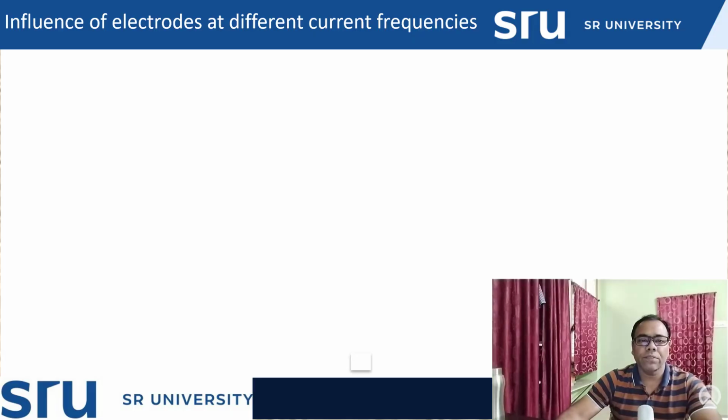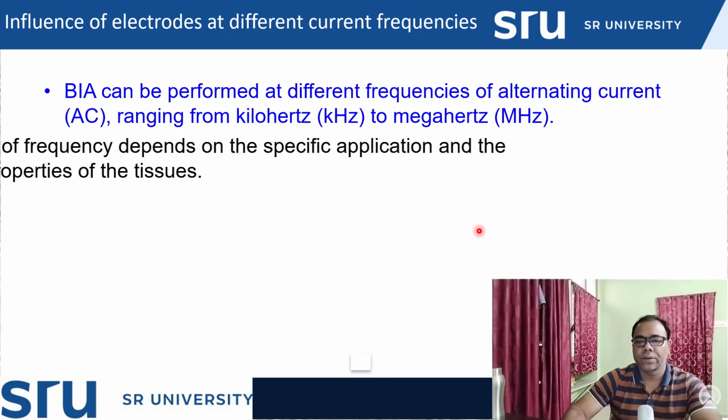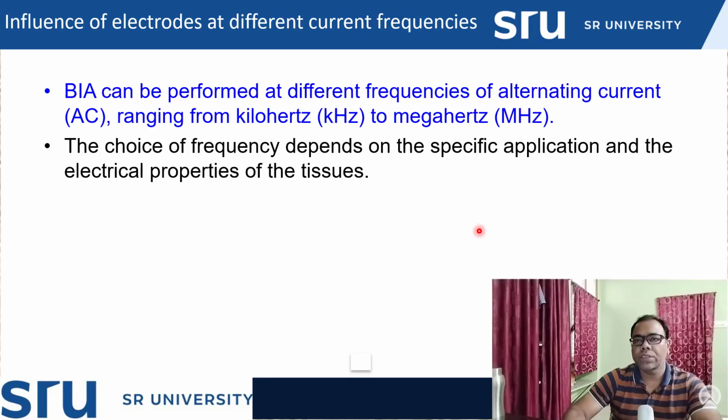Then, what are the factors that will influence different frequencies? So current frequencies, those details we will be discussing. Here the BI can be performed at different frequencies of the alternating current or AC current, ranging from kilohertz to megahertz. The choice of the frequency depends upon the specific application and the electrode property of the tissues.